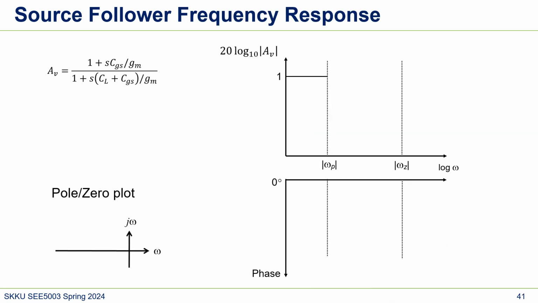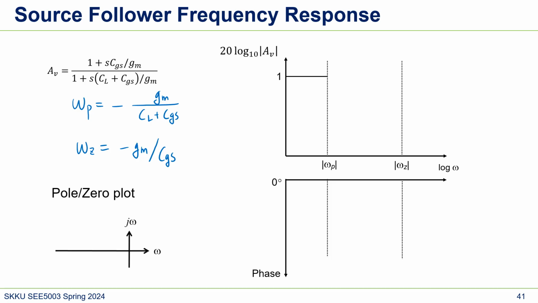And let's draw the frequency response graph, which is the Bode plot. So what is our pole? The pole is minus GM over CL plus CGS, and we do have a zero, which would be minus GM over CGS.